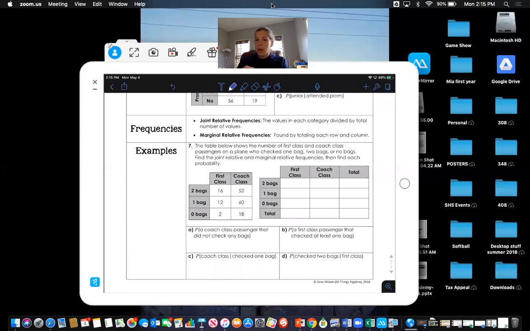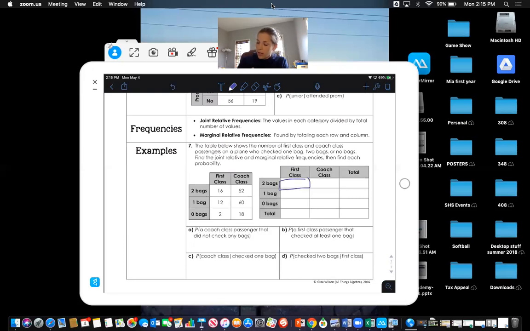let me think here. If I want to look at joint relative and marginal relative, this second chart that isn't filled in, that's going to actually give you your probabilities in a decimal form. So if we are first class who checked two bags, so I'm going to fill in this box right here.